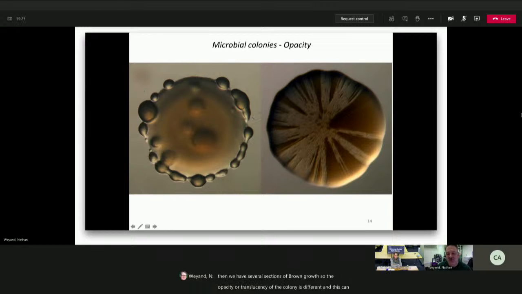This can be due to differential expression of proteins from the same species of bacteria, causing the organism to refract light differently. This colony on the right started out growing as just a plain circular colony, but I left it out at room temperature for about a week, and it started to grow these little protrusions that have different levels of opacity.